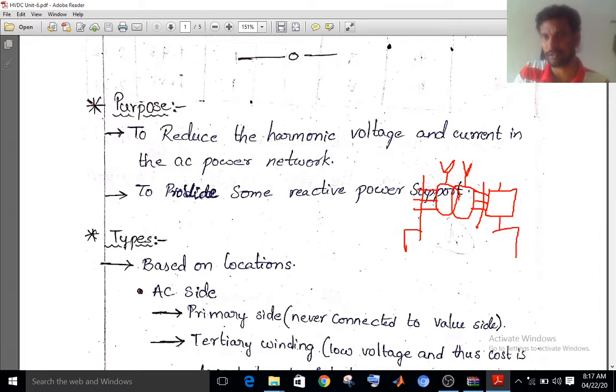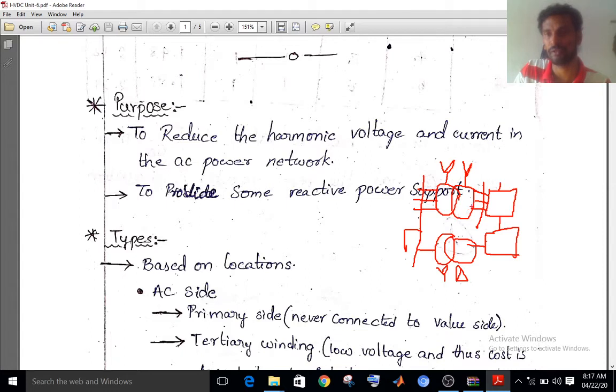If I have another 6 pulse bridge here and another transformer on this side, this may be star delta. Because of this star star and star delta connection, some harmonics are automatically eliminated.